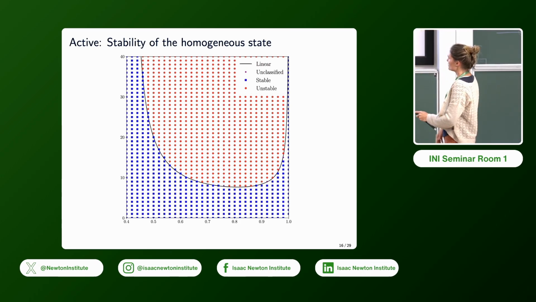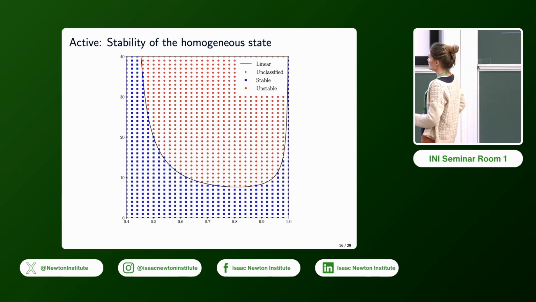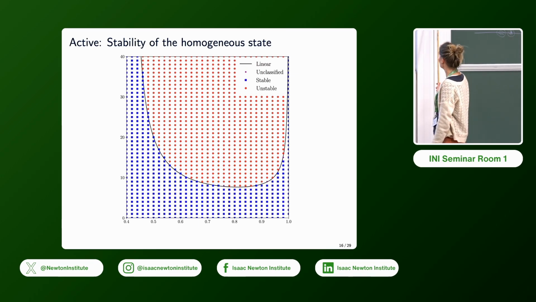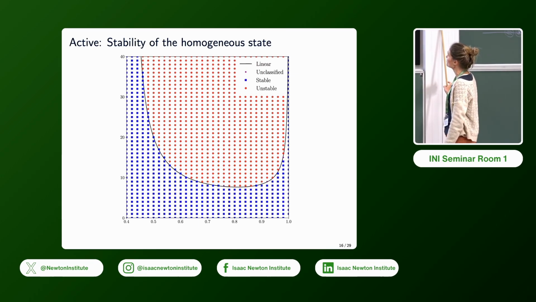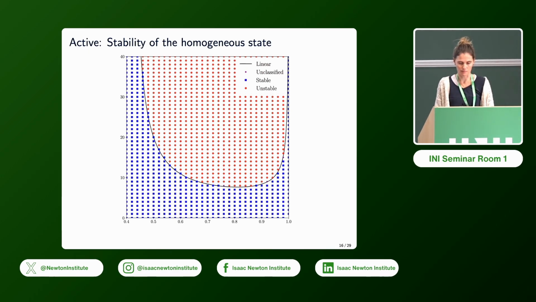And so if you have very slow particles, the homogeneous state is stable. And as you increase the self-propulsion, then you cross into this region where you get MIPS. And basically, we get nice agreement between the linear stability and what the numerics of this PDE is telling us.